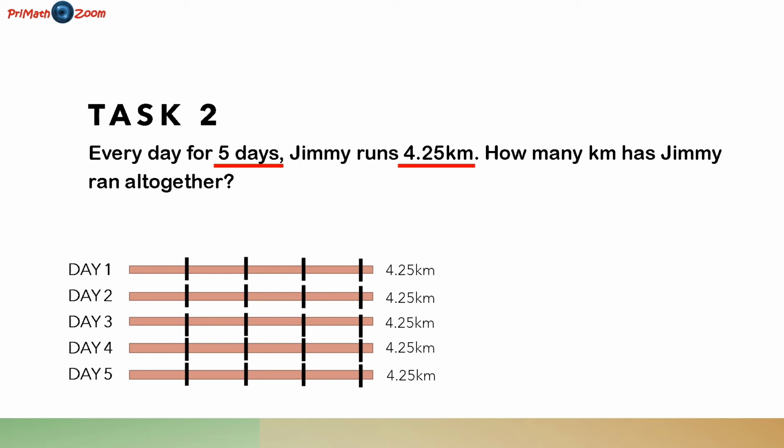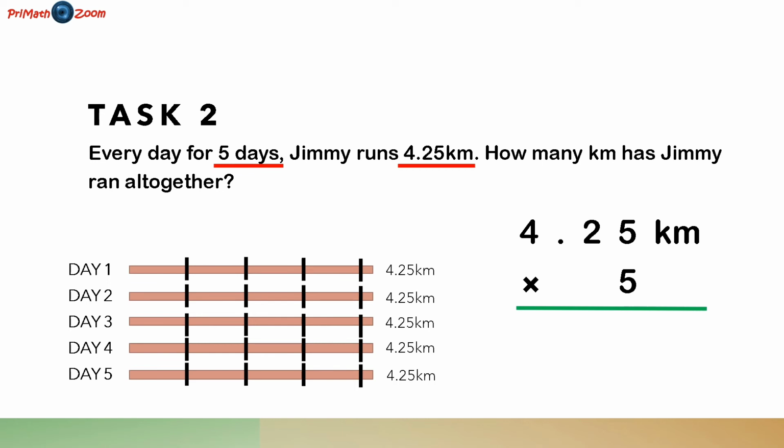How could we go about calculating all the distance, the length of journey that he ran all these 5 days? Of course, we can multiply 5 days by the distance run each day. So we have 4.25 kilometers, and we're going to multiply that by the 5 days.